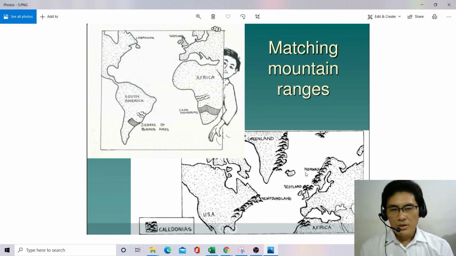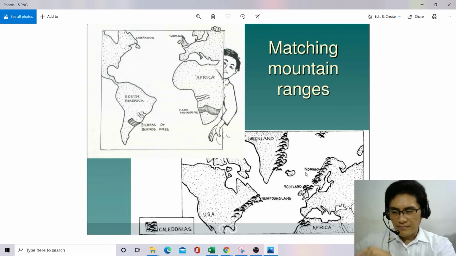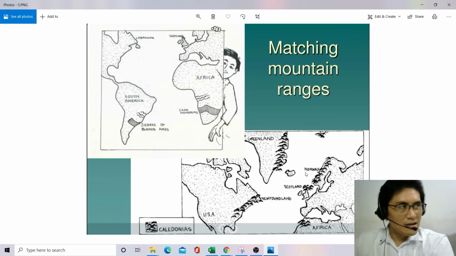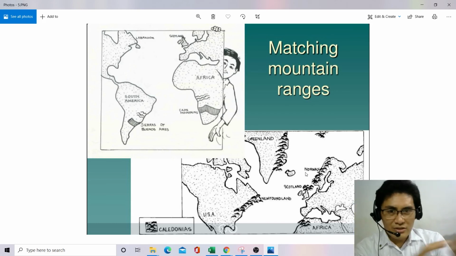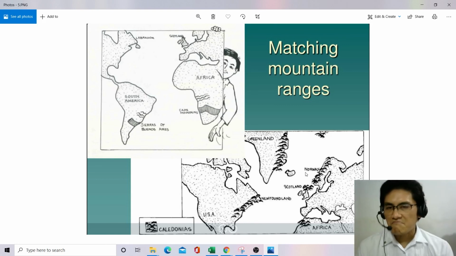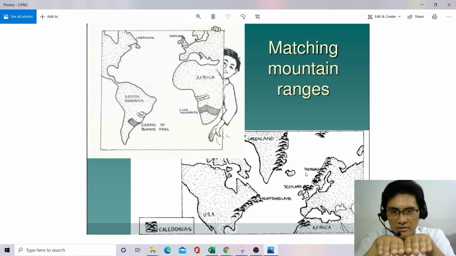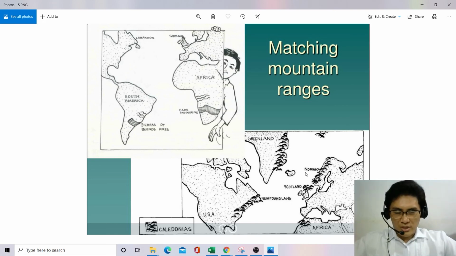So if you find a pattern like this in one continent, and the same structure is found in another continent, there's no other explanation. That means those two continents must have been connected in the past, and something happened that made them drift away from each other.